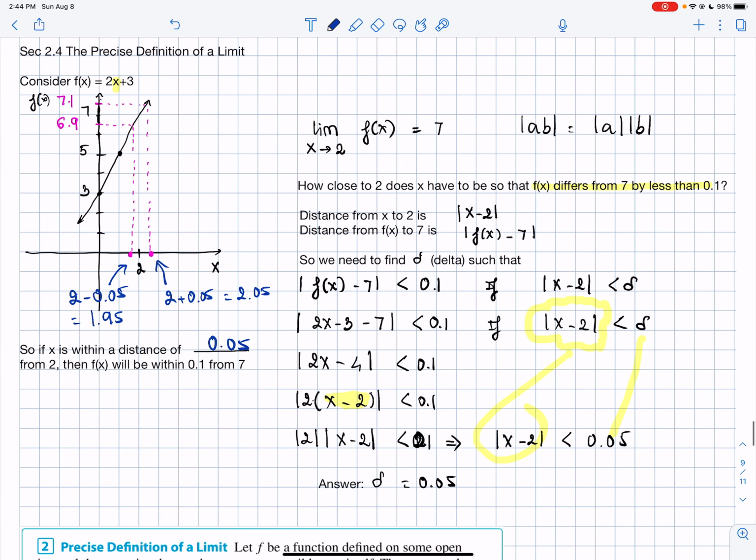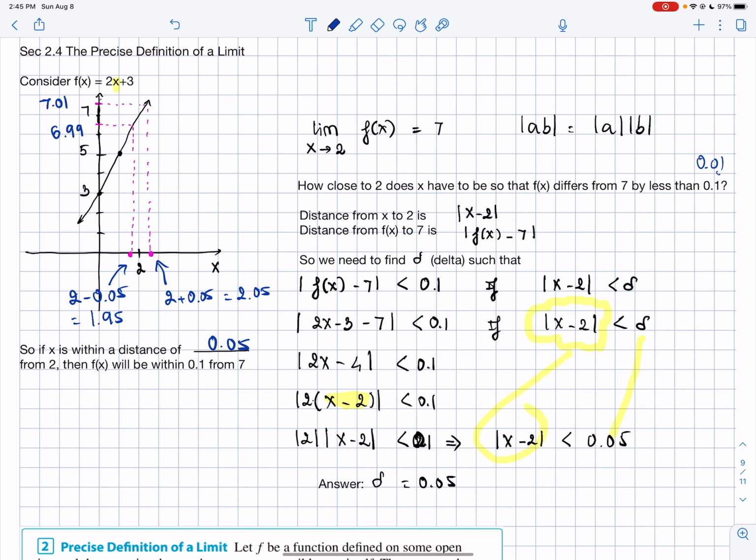Okay, so the question now is, if I do not want f of x to differ from 7 by less than 0.1, but I want a number like 0.01, this means that from 7 you go up 0.01 and down 0.01. Okay, so that means we will get 7.01 or 6.99. Then are we able to find delta? The answer is yes. You just follow the same process.